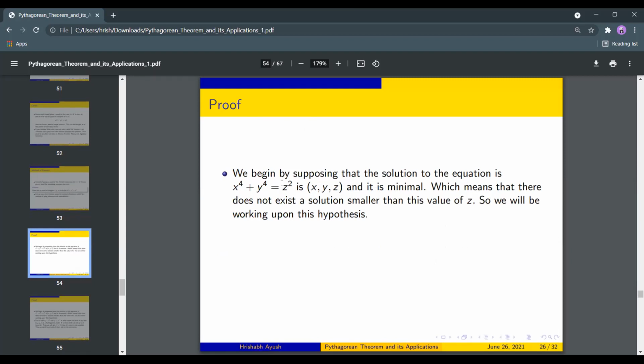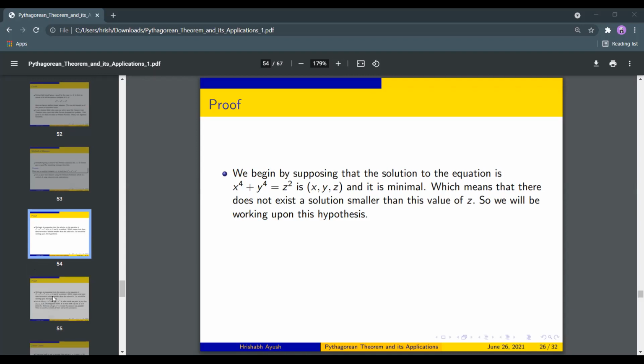If we have a homogeneous equation and we have the solution to it as x, y, z, then it will have a family of solutions kx, ky, kz. Don't worry about that, we'll discuss it later. So any doubts as of now? Okay, I'll take that as a no, and let's move to the next slide.